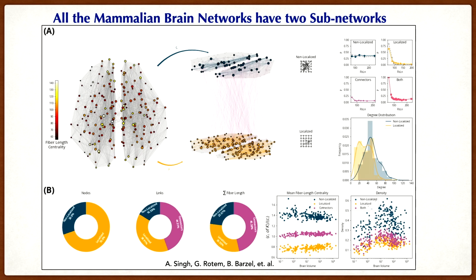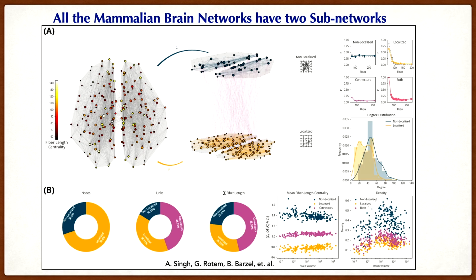So the brain has this small worldness, but at the same time some of the brain regions are randomly connected, against the rule that they should strictly follow the small world property.